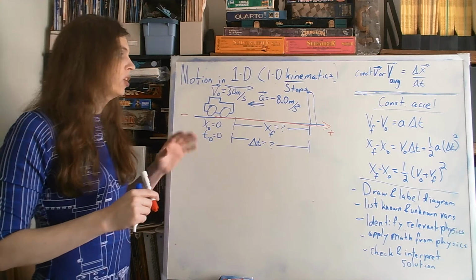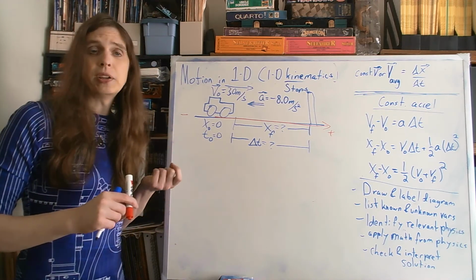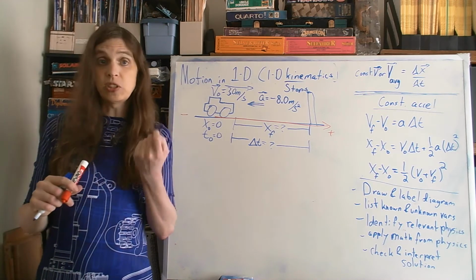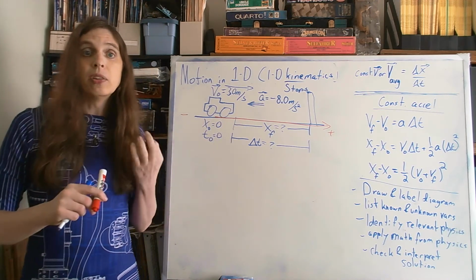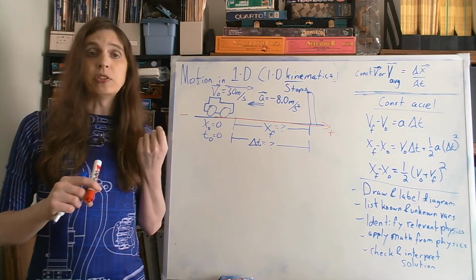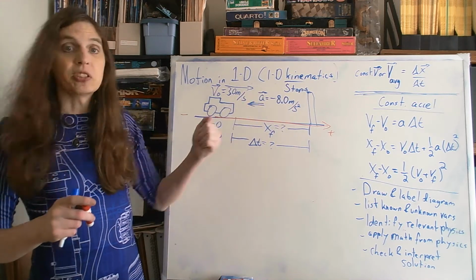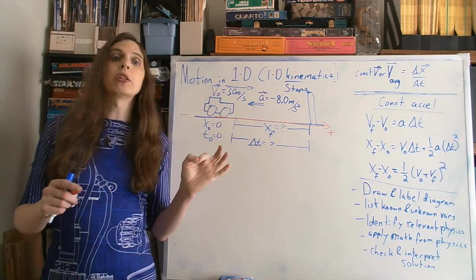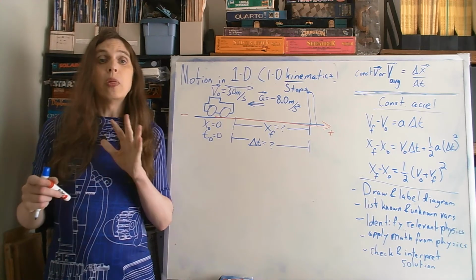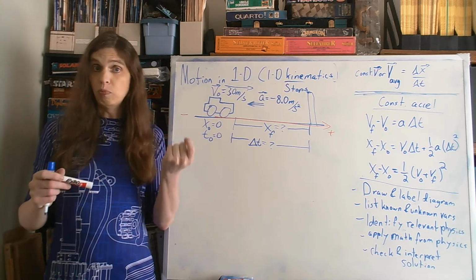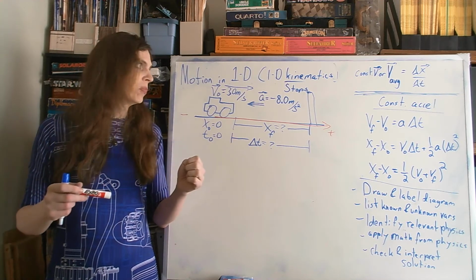Okay, so we've listed those, and we want to think, okay, are there other things that we've stated that we didn't put up there already that may be relevant to this situation? And I said here that it stops. And so we want to think, well, what does that mean? Well, we know that stops means that there's no motion, and there will continue to be no motion beyond that point.